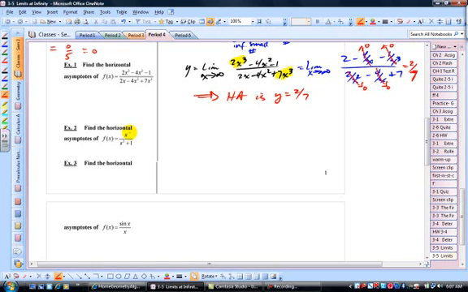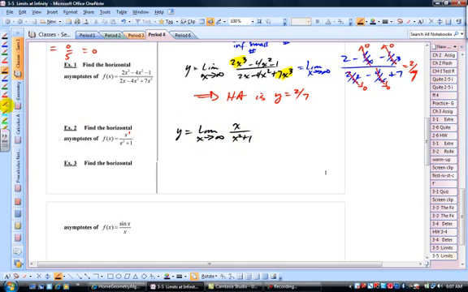Okay, now number 2, the degree of the numerator is less than the degree of the denominator, so I expect this limit to be 0 and to have a horizontal asymptote at y equals 0. So again, you take the limit as x approaches infinity of x divided by x squared plus 1.